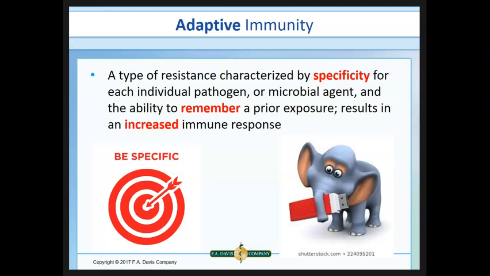You have the ability to remember a prior exposure. I put this elephant with a memory stick here at the bottom to help you remember that adaptive immunity does have a memory. This results in an increased immune response, so it can boost your immune response. It's a little more potent than your innate immune system. So it's specific for adaptive, and also memory.